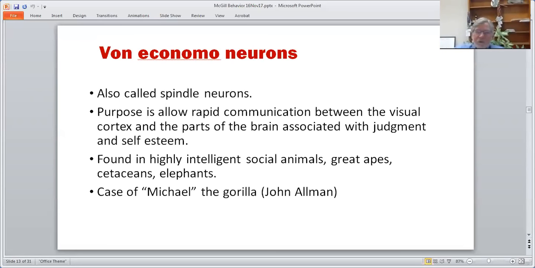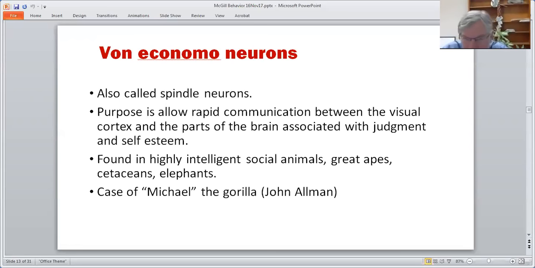And these neurons are also found in other social animals like great apes, cetaceans like whales and dolphins, and elephants. Not to the extent that they're found in humans, but it seems to be part of sociality and communication.